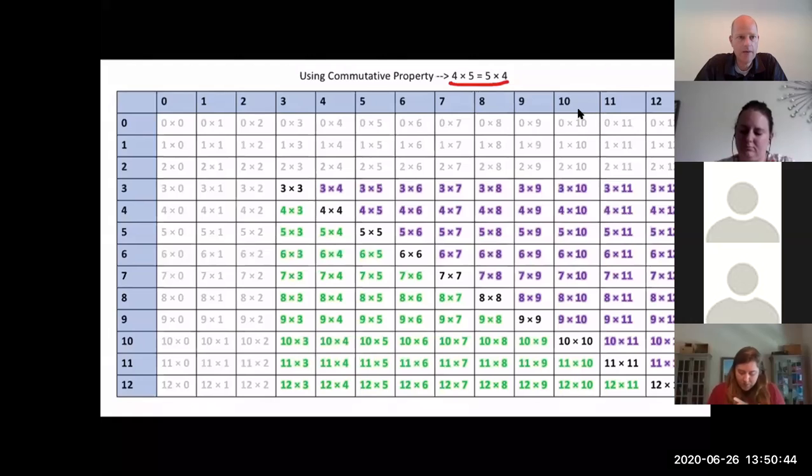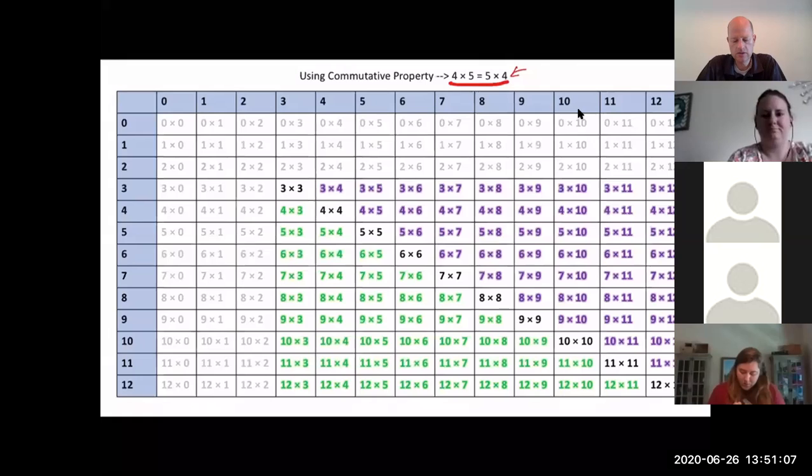Let's say that you like to count by 5s, for our example. Okay? But you're doing 4 times 5. But I want to do 5 groups of 4, and I like to count by 5s. 5, 10, 15, 20. And so you can switch the numbers. Sorry about that.